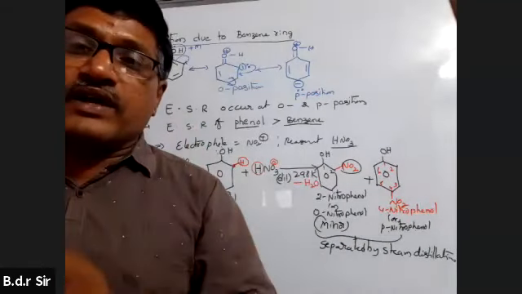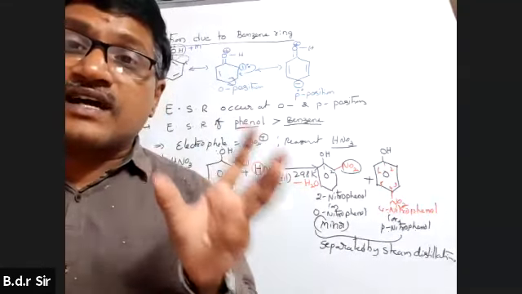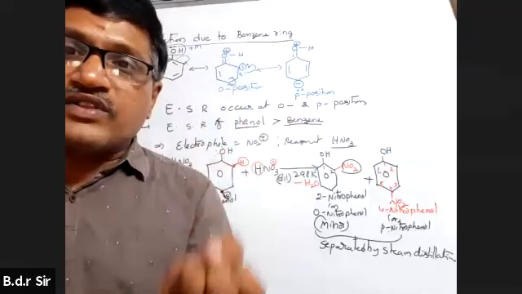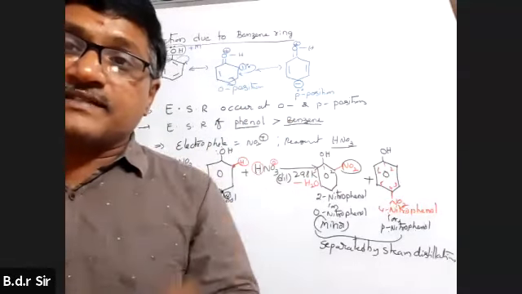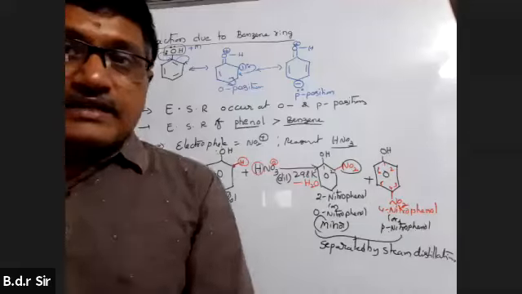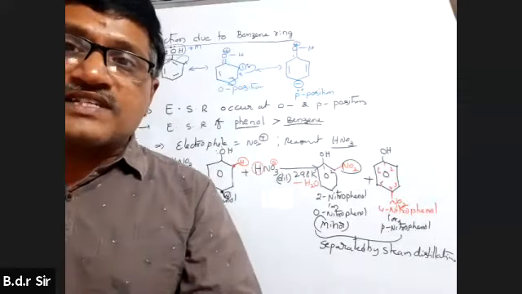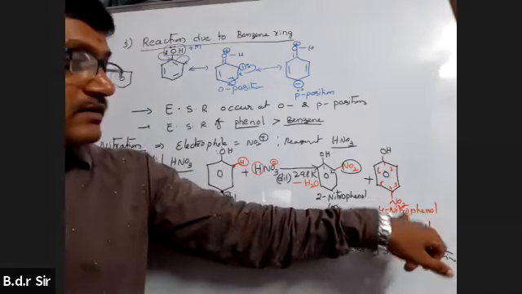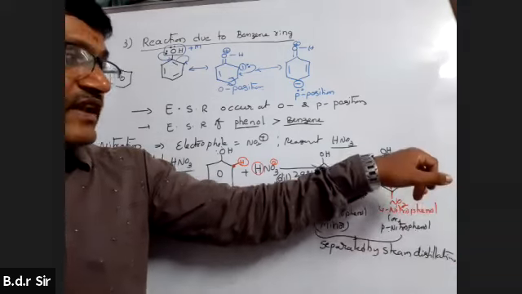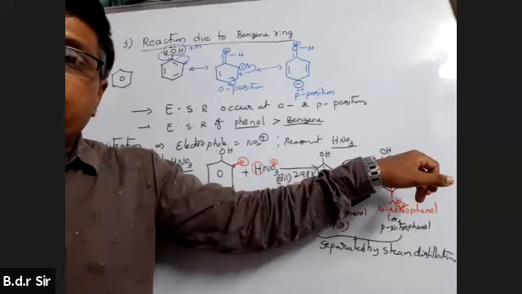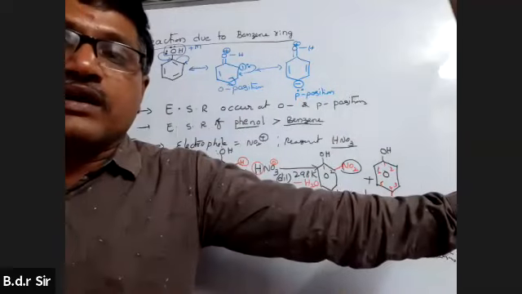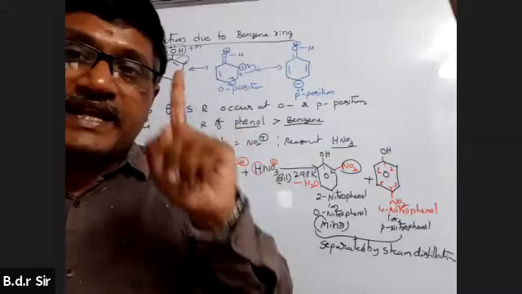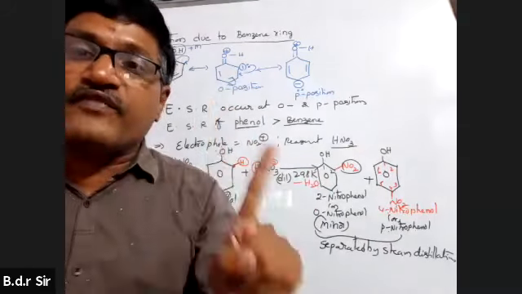You may wonder why ortho and para-nitrophenols are more acidic than phenol: in them, an electron withdrawing group, the NO2 group, is present. Why is para-nitrophenol more acidic than ortho-nitrophenol? In para-nitrophenol, the NO2 group stabilizes the phenoxide ion. Phenoxide ion means it is ready to donate the proton. So acidic nature mainly depends upon the stability of phenoxide.